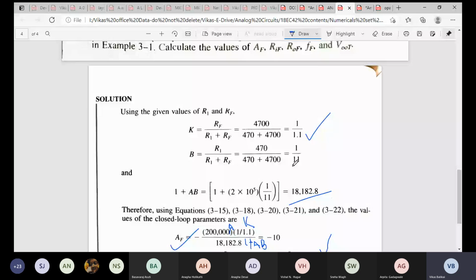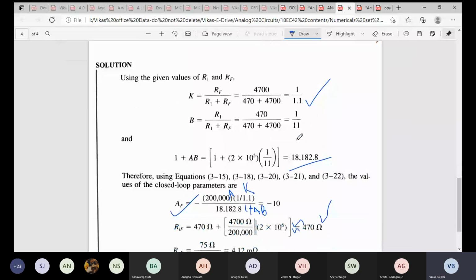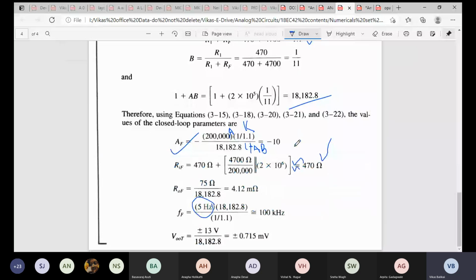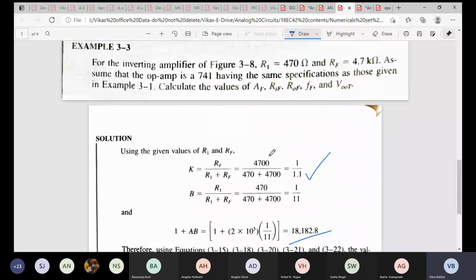But what I need to look at here is the closed loop gain in terms of non-inverting configuration and inverting configuration, which one comes out higher. And the other is input resistance, whether the inverting amplifier has higher input resistance or the non-inverting amplifier does. I need to check this. If I do that, then I can do a clear-cut comparison of inverting and non-inverting configurations.